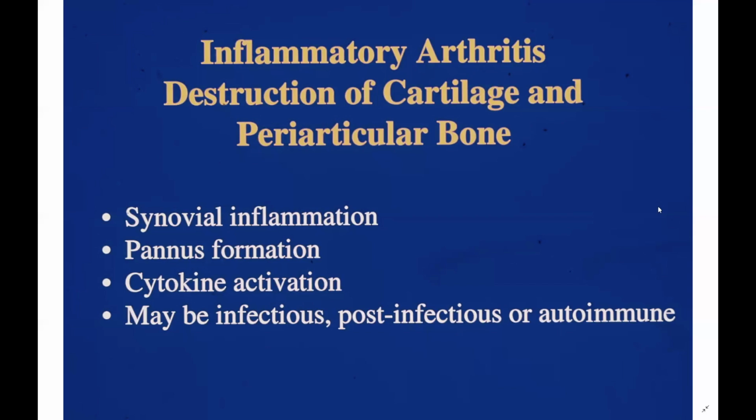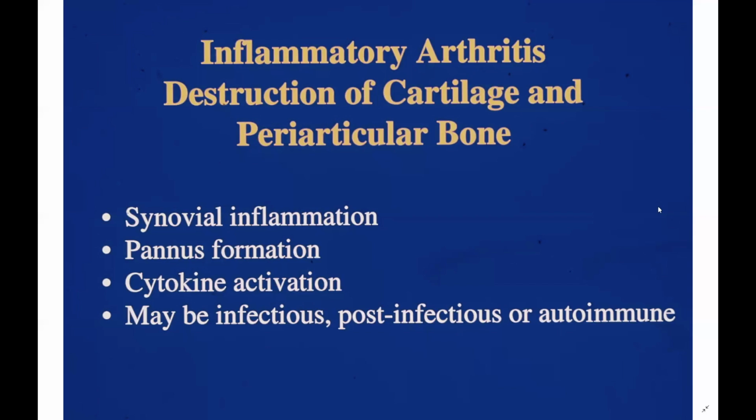Pannus is from the Greek word for apron, and this spreads over the joint. And we'll see examples of how the enzymes released from the pannus result in resorption of cartilage. The pannus also activates cytokines, some of which come from the cartilage cells themselves.